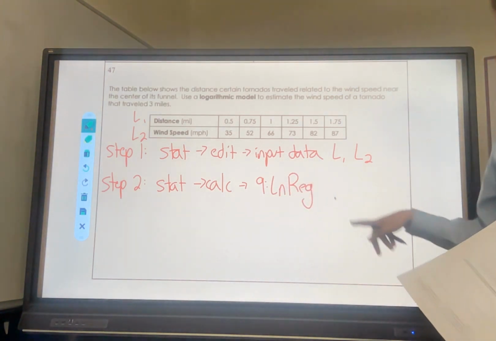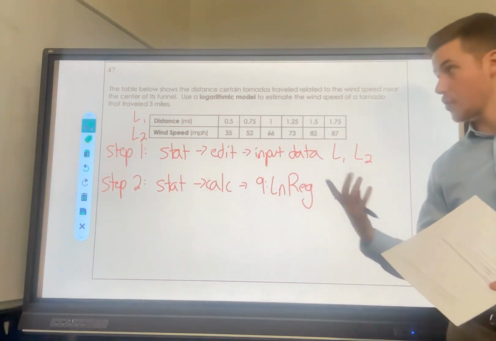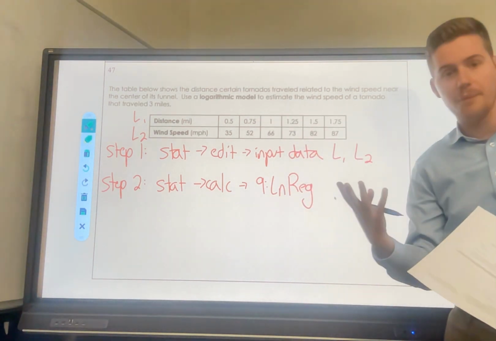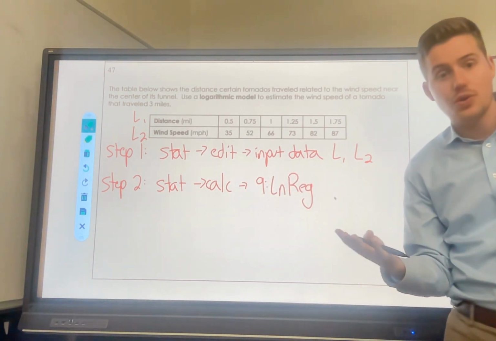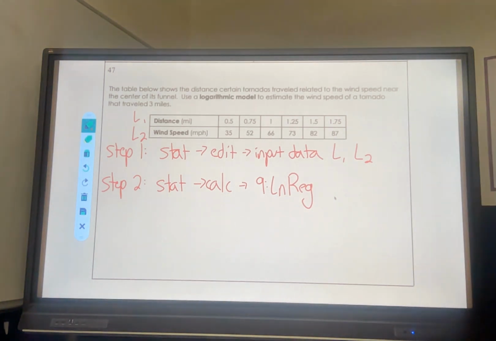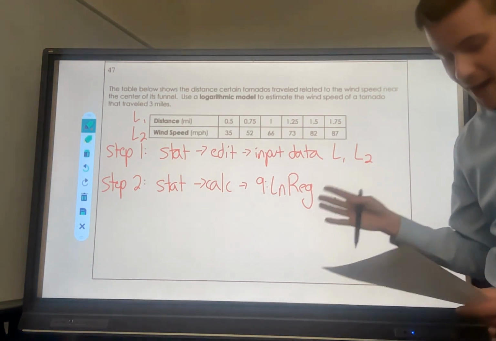It's called LN regression. So LN for natural logarithm, since it asked us for a logarithmic model. Once you've done that, hit enter on that. Hopefully you've got some information. And I'm going to write down the information that you should have gotten at this point.